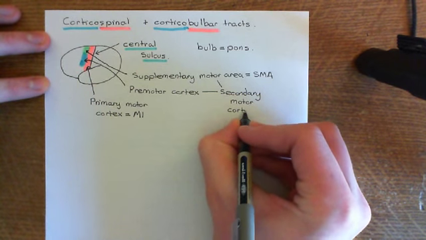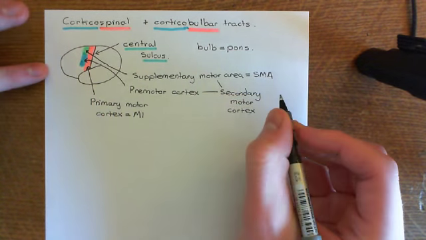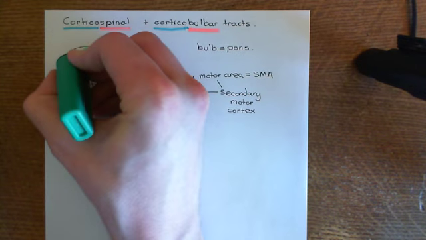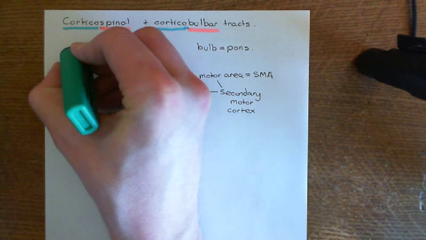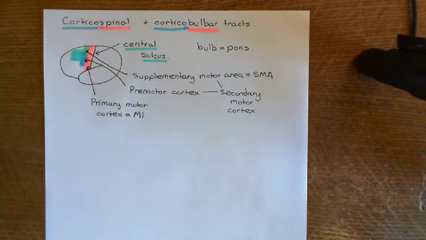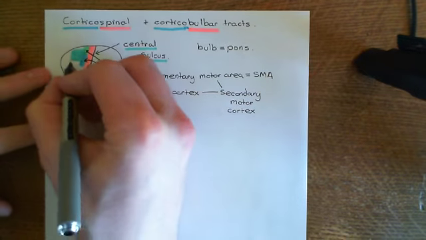Now, the final portion that I want to add before I talk about how the motor system works is a portion that sits in front of the secondary motor cortex, and I'll put this portion in turquoise. In front of the secondary motor cortex, here in turquoise, this is what's known as the dorsolateral prefrontal cortex.